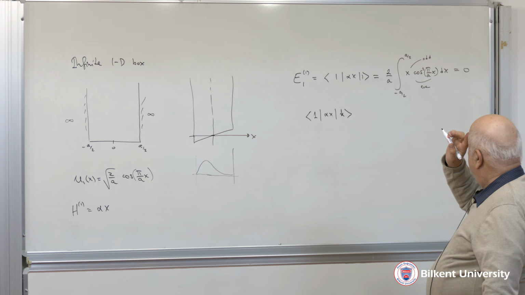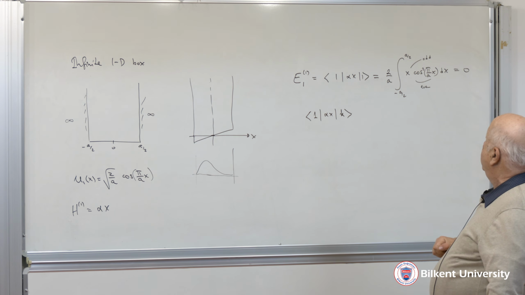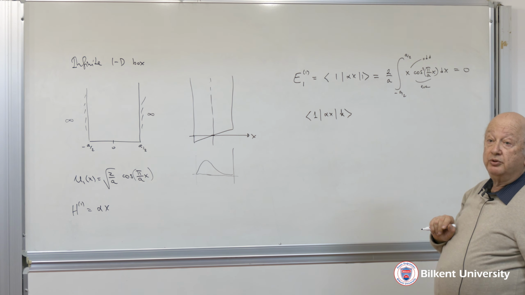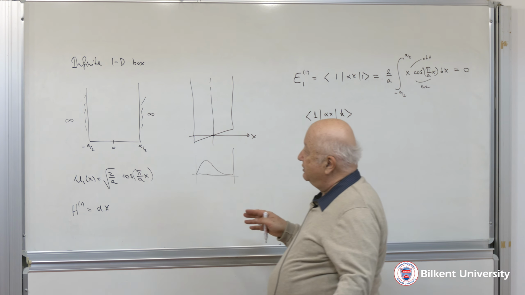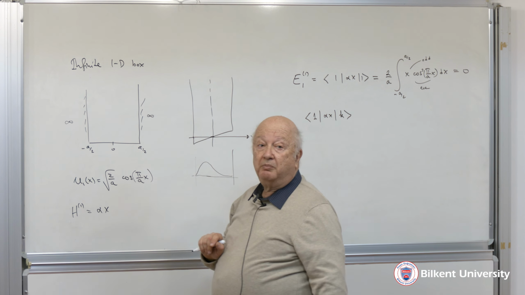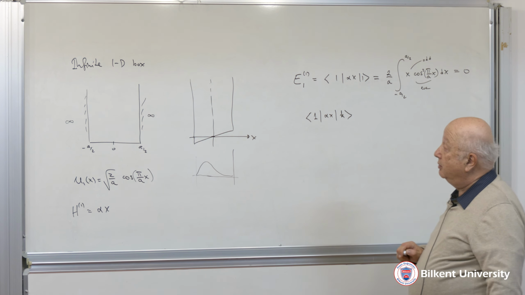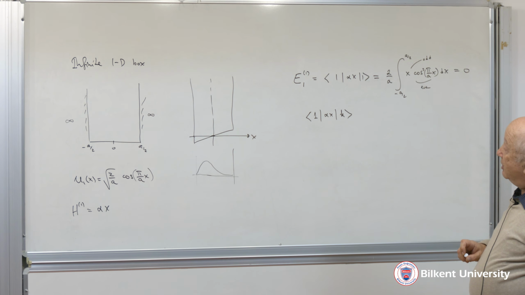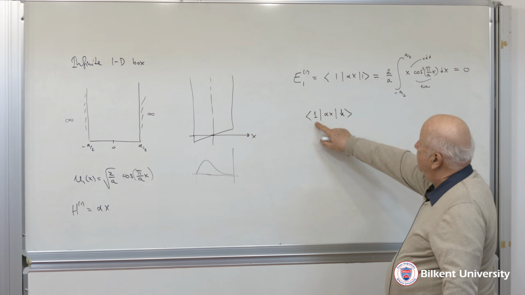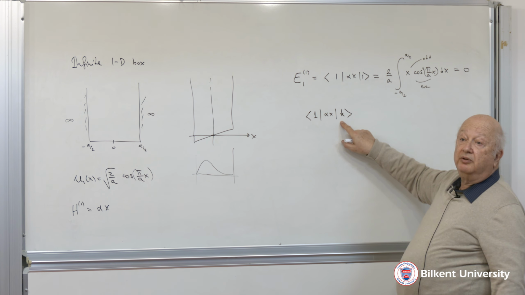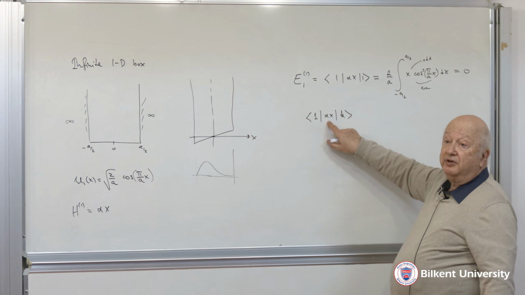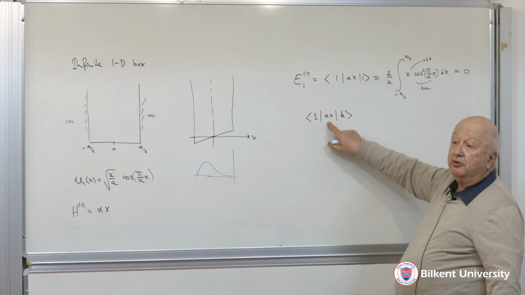Now I can put in other cosines. Remember, those are the even functions which correspond to odd numbers in the wave functions. If this is even, that is even, and if I have an even function there and an odd function in the middle, that's going to give me 0.